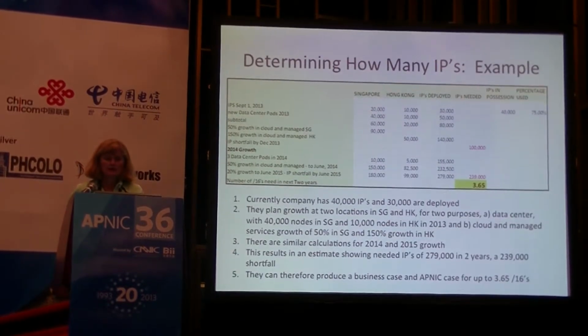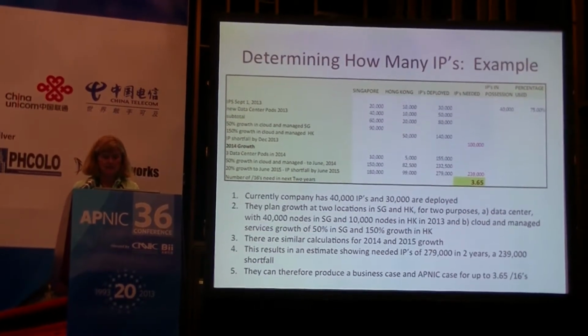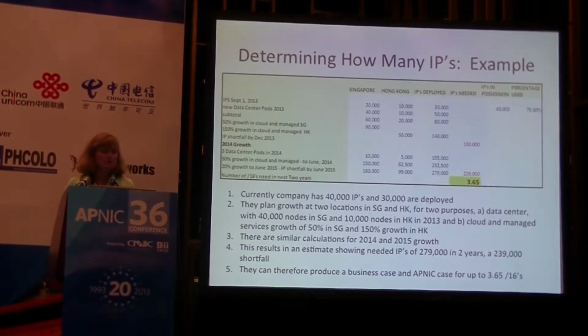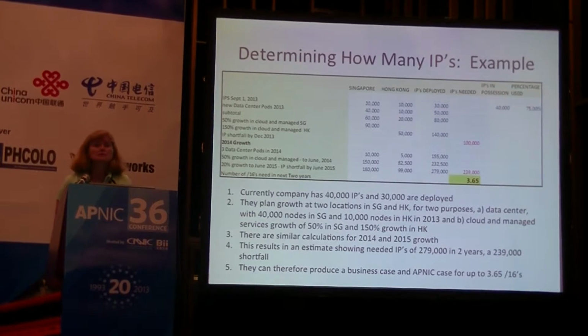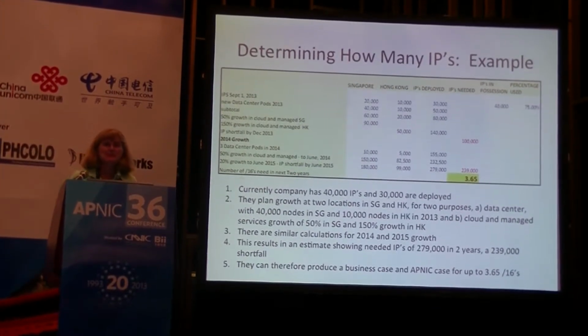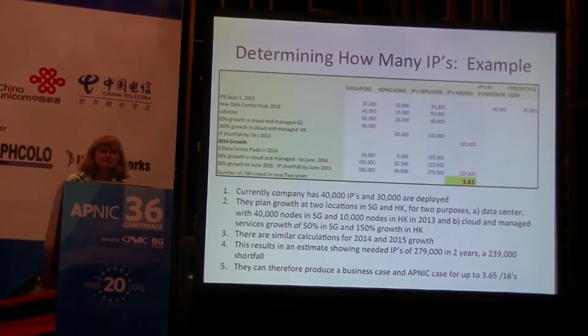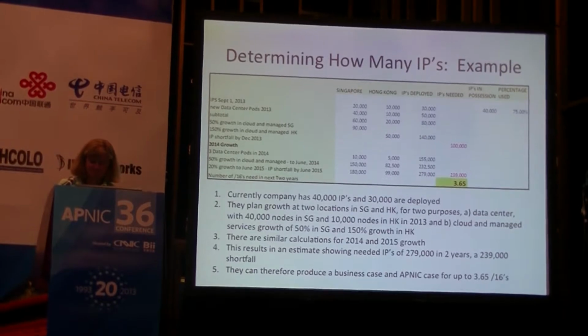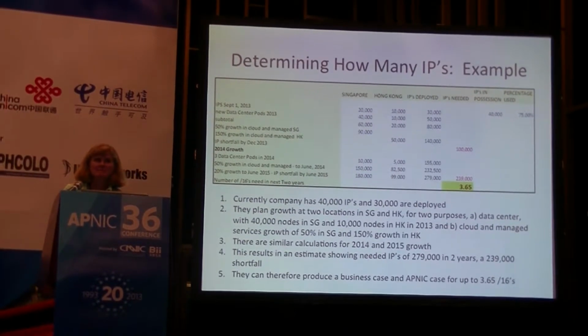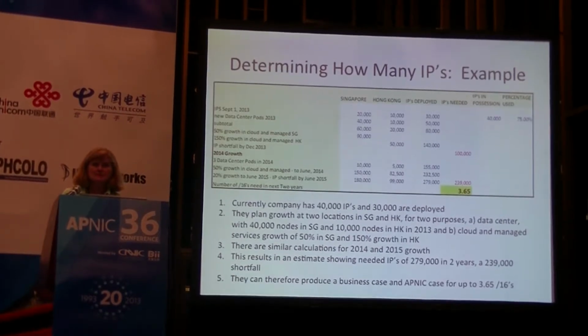Okay, so I've got a fairly detailed example here on getting approval and determining how many IPs. Yes? Good morning. You had said we should interrupt you with questions. Please do. My name is Lee Howard, I'm from Time Warner Cable. When determining how many addresses you should get, I don't remember off the top of my head the justification time that is allowable in APNIC.